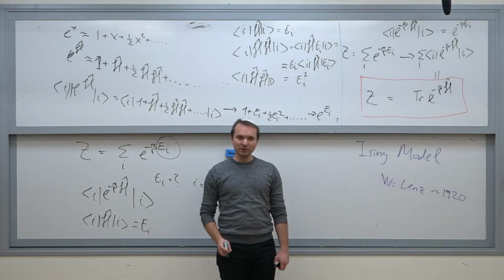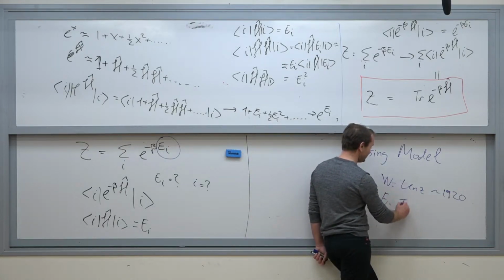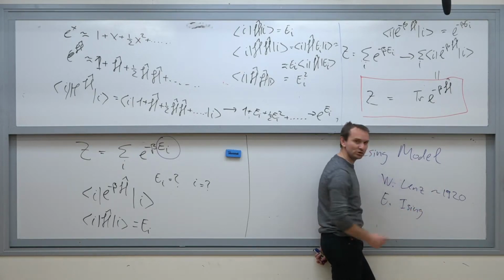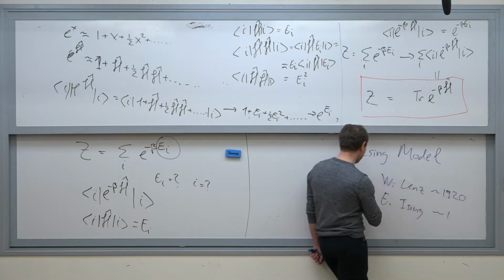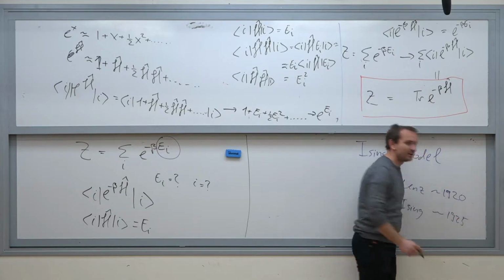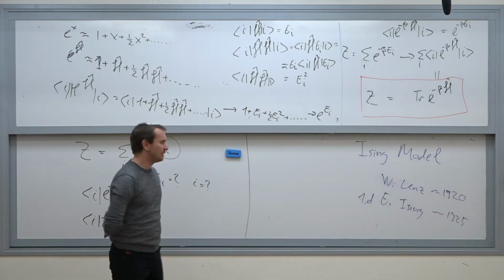He gave this model to his student, Ernst Ising, who published together with Lenz the one-dimensional solution of this model, around 1925. And the solution was wrong, and there are a lot of problems with that.